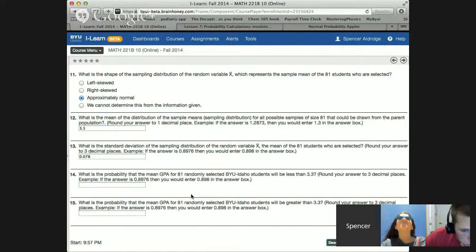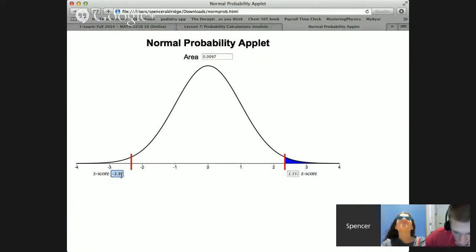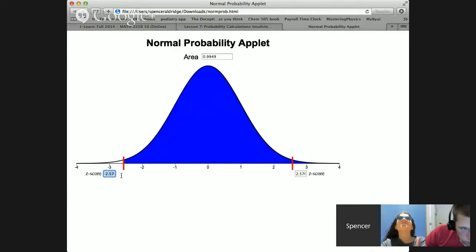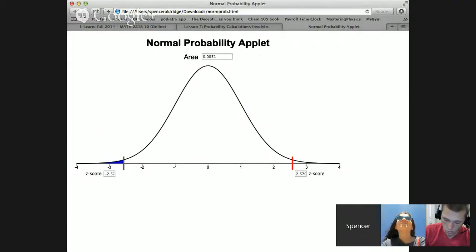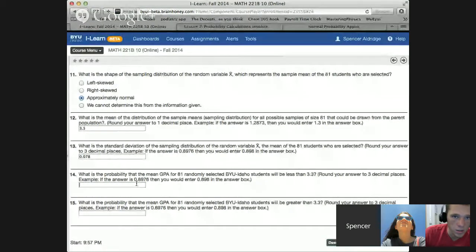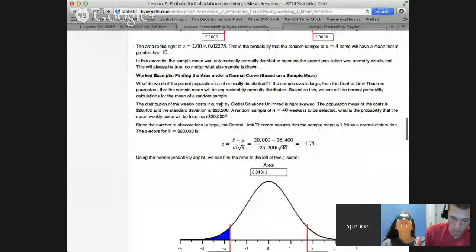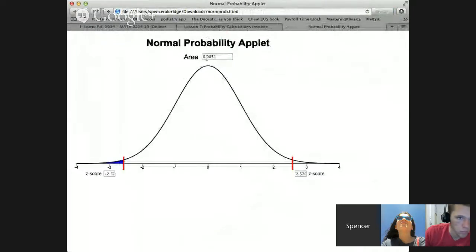Yep. So then I got a z-score of negative 2.571. Yeah, Sarah, I got the same number. Okay. So then we want 3 decimal places, and so the probability is 0.005.